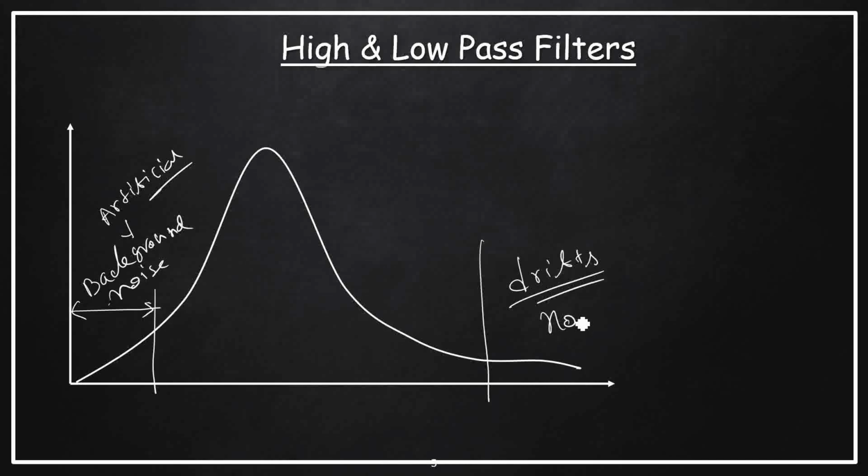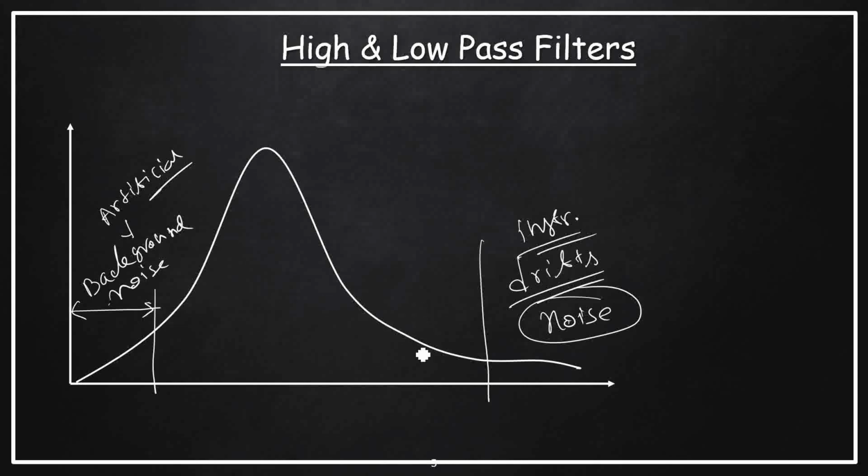So this is also a noise developed due to the instrument. And I do not want to see this noise on my radiogram. So I have to remove this portion.